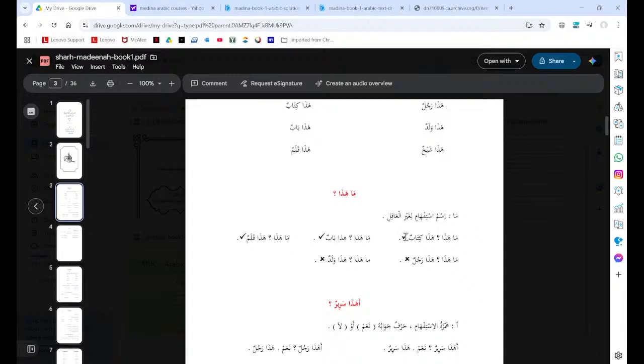Okay, so the check mark means this is good. It's sahih, it's correct. ما هذا؟ هذا باب. ما هذا؟ هذا قلم. Okay, and they give you a couple of incorrect examples. ما هذا؟ هذا رجل. We cannot say ما هذا for someone with intellect. ما هذا؟ هذا ولد. Okay, these two examples are incorrect.